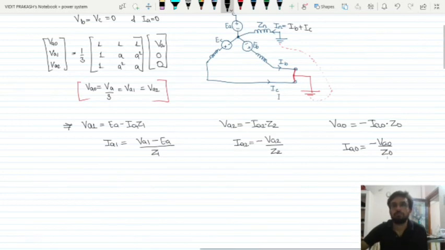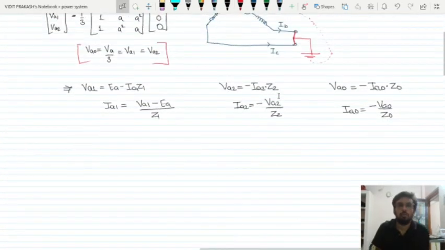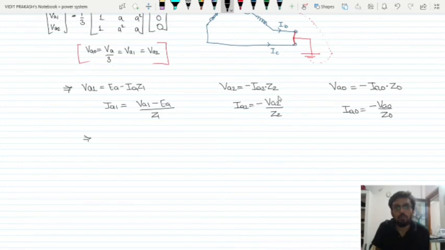Now we all know the sum of the zero sequence current IA0, positive sequence current IA1 and negative sequence current IA2 is equal to the phase current IA.